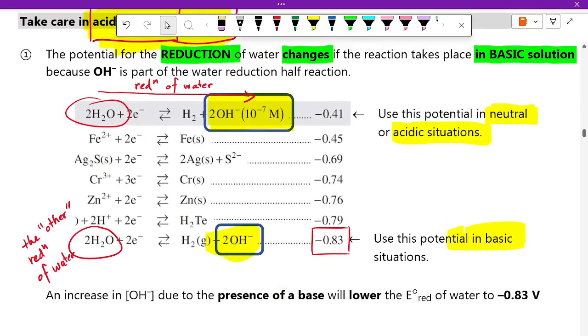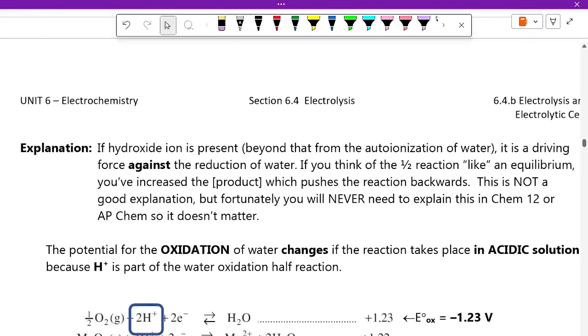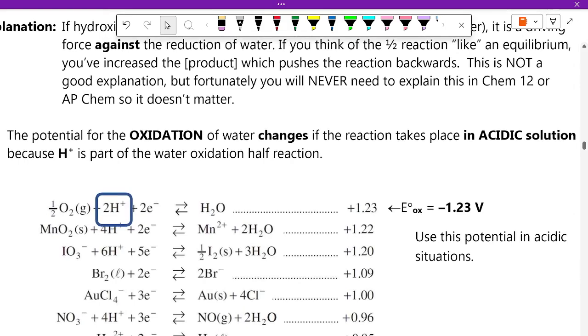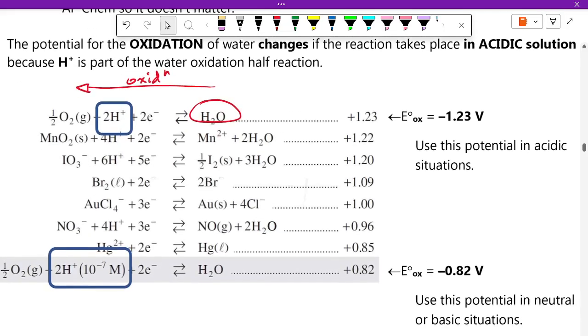Similarly, for the oxidation of water, so here's water, here's our oxidation, and we would normally use the one that's low lighted in gray.